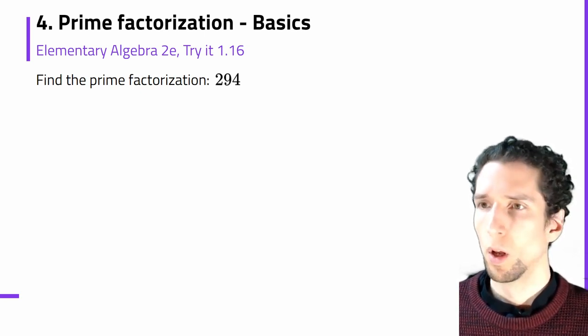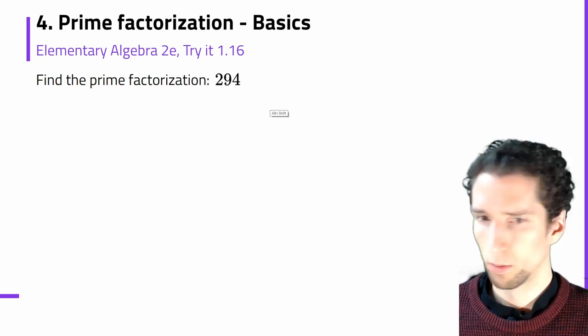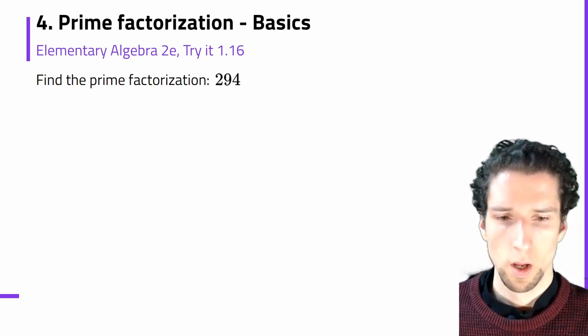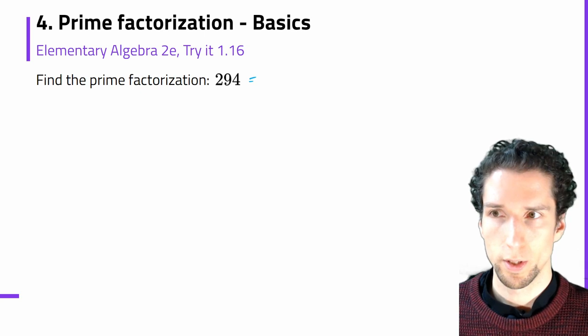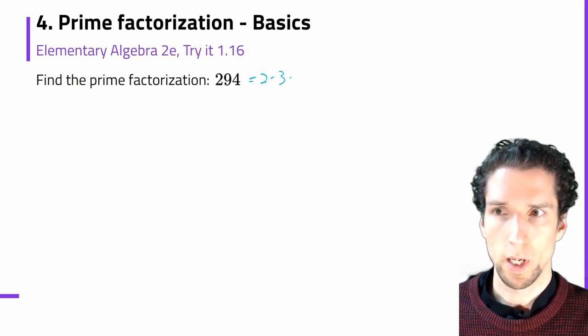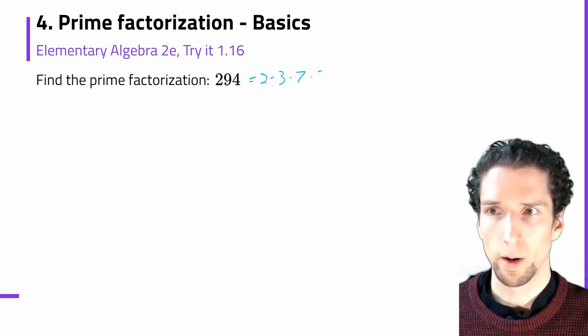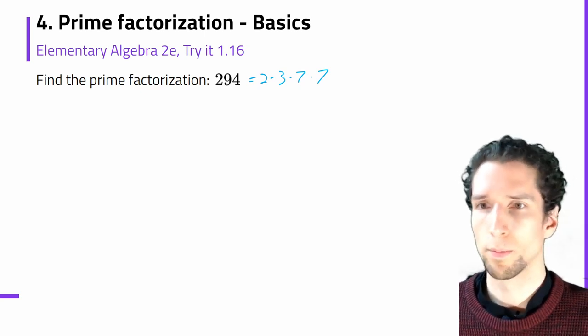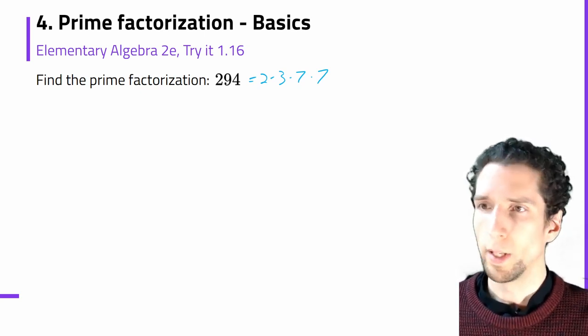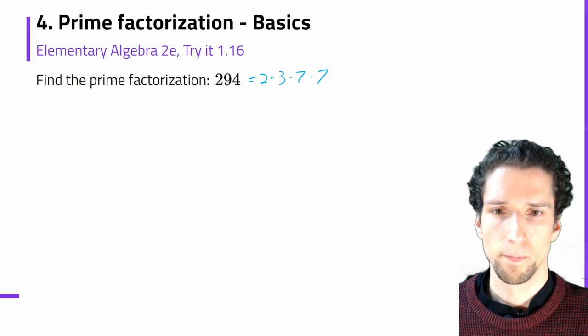So the answer here is just 2 times 3 times 7 squared, or 7 times 7. Hopefully you got the same result.